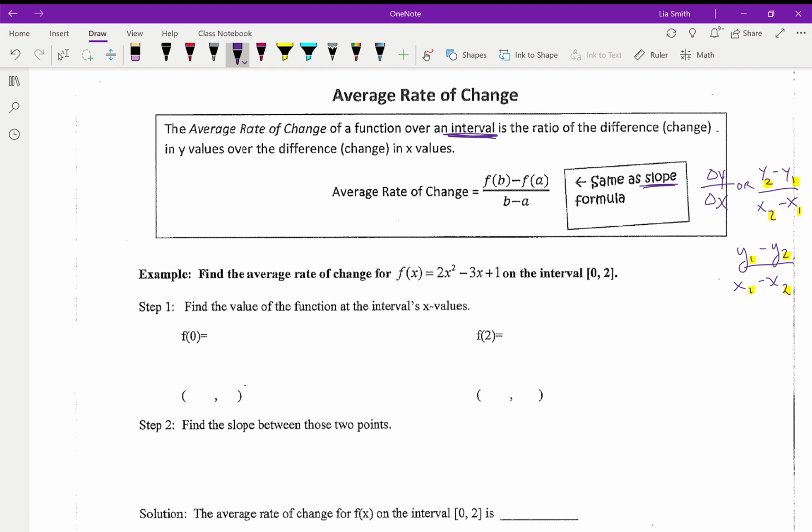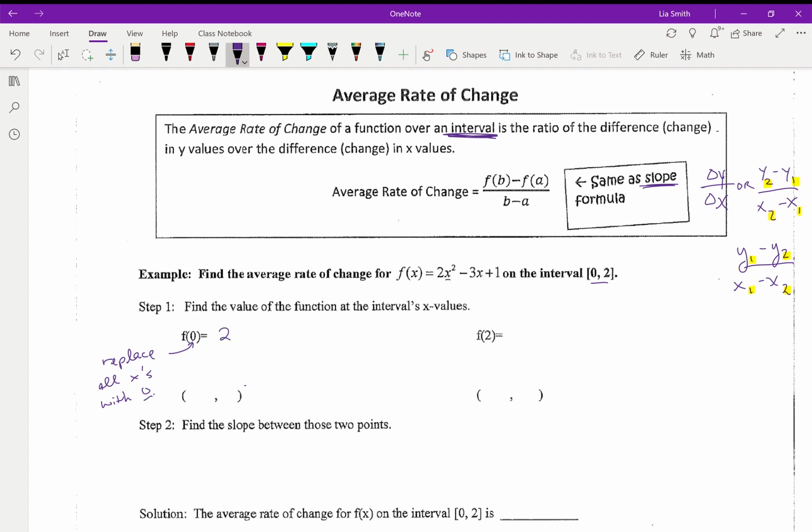So to find the average rate of change of a function on this interval, 0 to 2, what we need to do is evaluate the function at 0 and at 2. So for f of 0, remember we're replacing all x's with 0. So everywhere that I see an x, I'm now going to write 0.